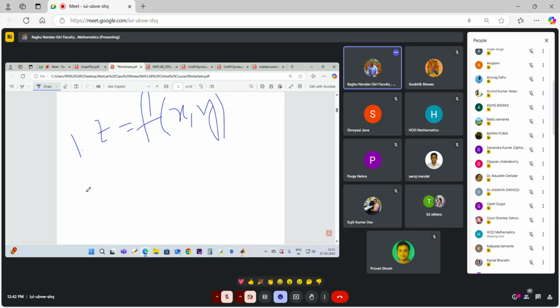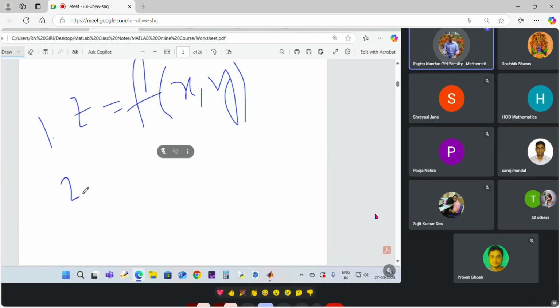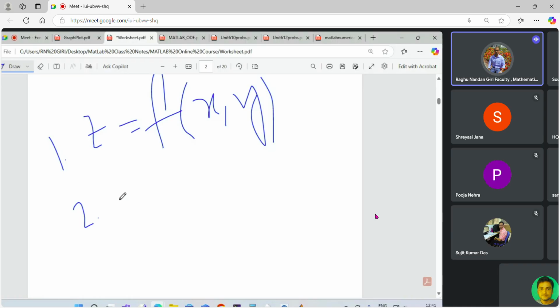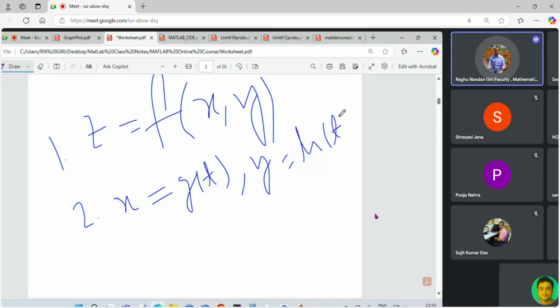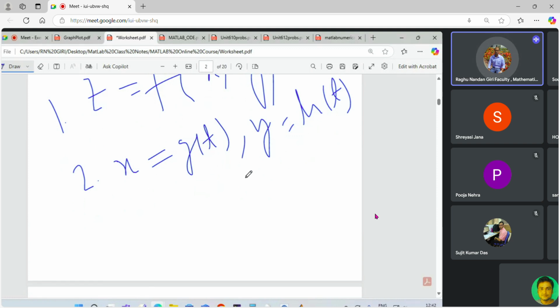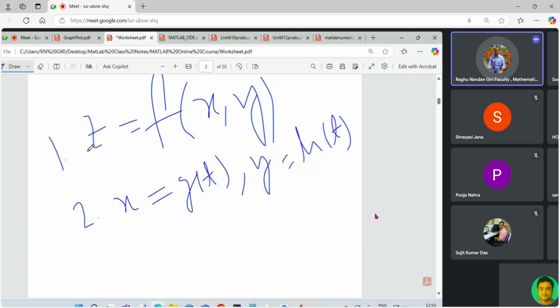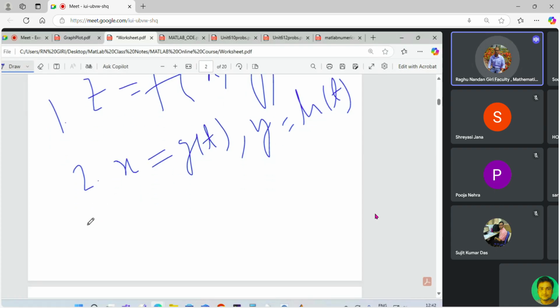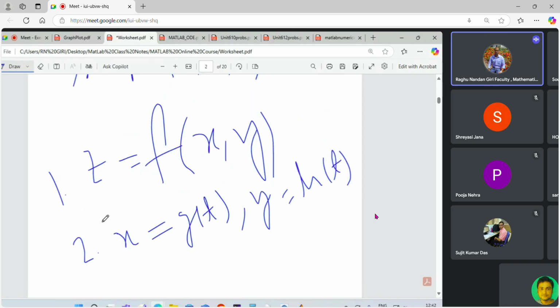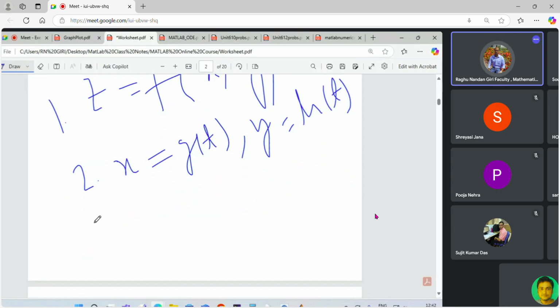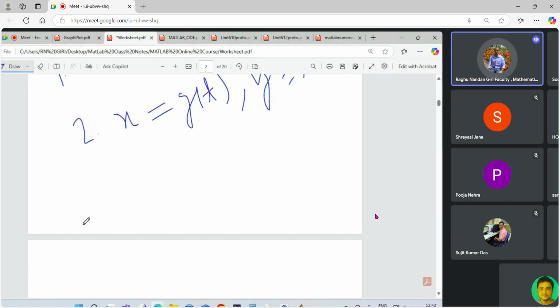Otherwise, we have two dependent variables and one independent variable, like this: suppose x equals g(t), y equals h(t). The t is the independent variable and x, y are the dependent variables. Both cases 1 and 2 are 3D. Both have three axes. So how to plot this?